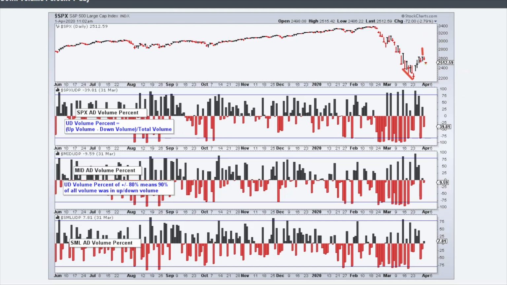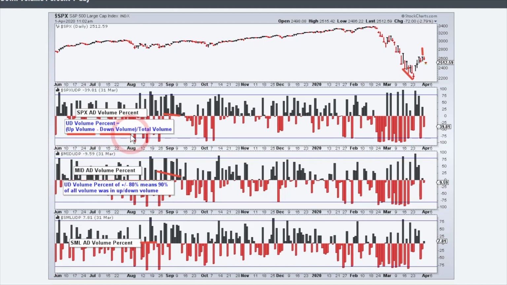And so I've got AD volume percent for the S&P 500 in the first window, the S&P Mid-Cap 400 in the second window, and the S&P Small Cap 600 in the third window. And this indicator is measuring the percentage of net advancing volume. So you have up volume minus down volume.